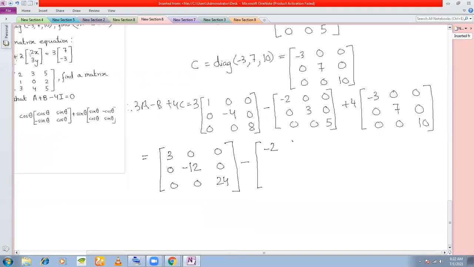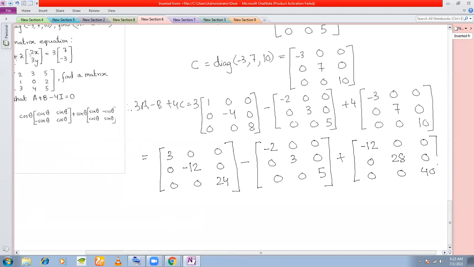This matrix you write as it is. Plus, and you have final matrix, you multiply with 4 everything: minus 12, 0, 0, 0, 28, 7 into 4, and this is 0, 0, 0, and you have a 40. Okay, now you can add these three matrices.